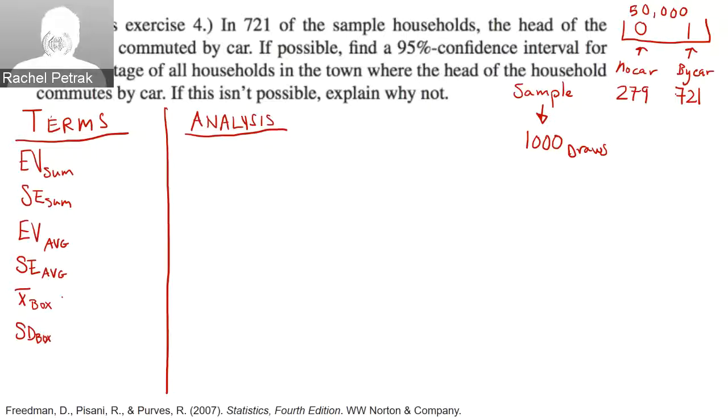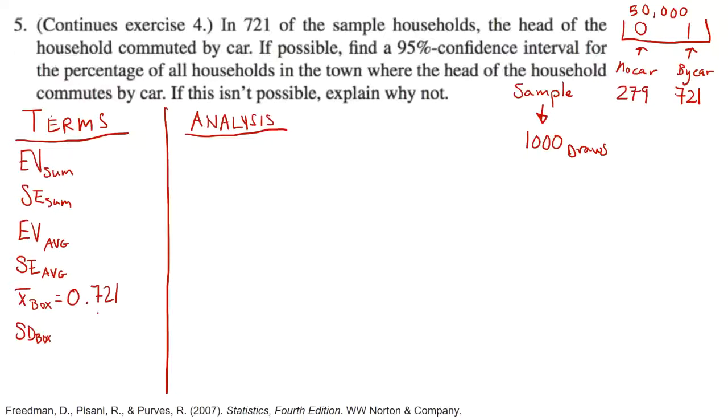We already know that the mean of the box is going to be 0.721, because we're estimating from the fractional representation in our sample.